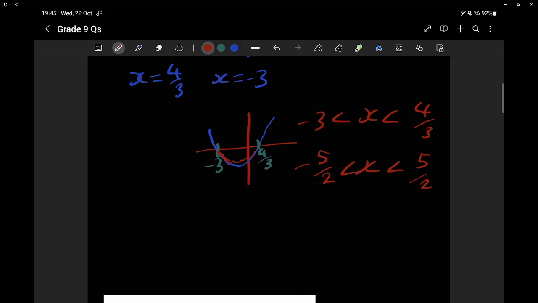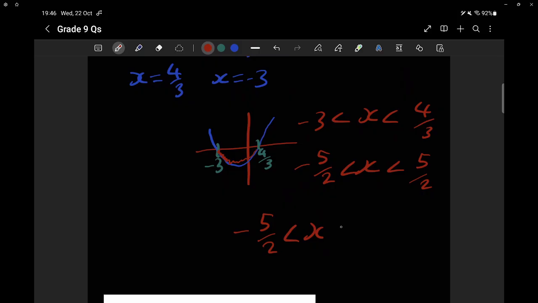So in this case, our answer is going to be negative 5/2, because that is less, or it's smaller than negative 3. Okay, is less than x, greater than x. No, x is greater than negative 5/2.